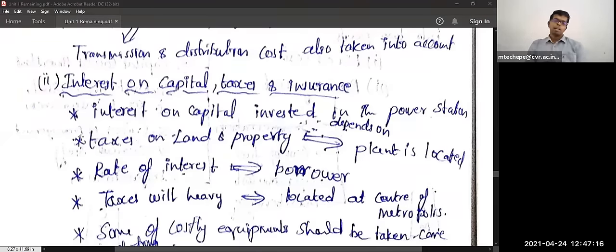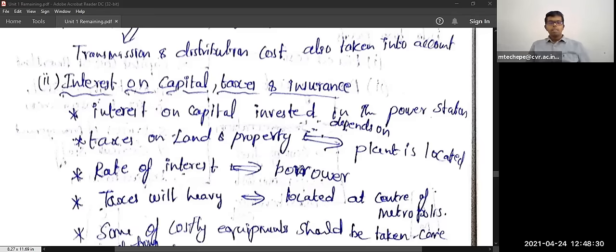If you want to buy even 1 cent of land there, you need to spend around 2 crores up to 5 crores, for that 1 cent alone. So who will pay for that? For a simple power plant, if you spend 5 crores or 10 crores to buy the land, that cost goes up, and by default our tariff will also increase somewhat.